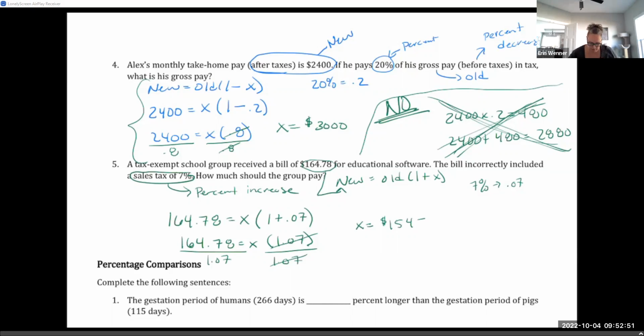Again, if I were to take 7% of that 164.78 and subtract that off, we would not get the same answer. That's why you need to be finding that percentage of an original amount, which is why we need to set up and solve it the way that I've shown you.